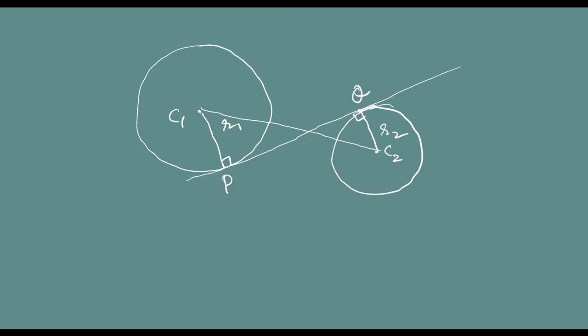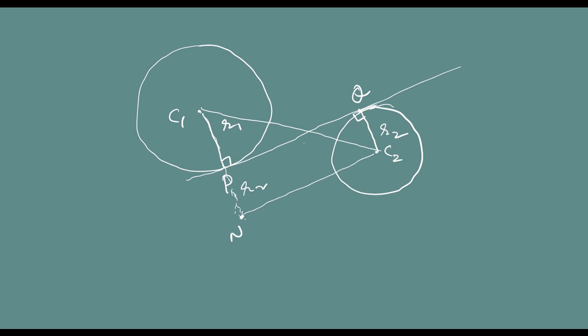Now, to find PQ, I am going to see PQ in one triangle. For that, from P I extend C1P like this, for a length R2, and I say I extended up to N. Then I join that point to C2.